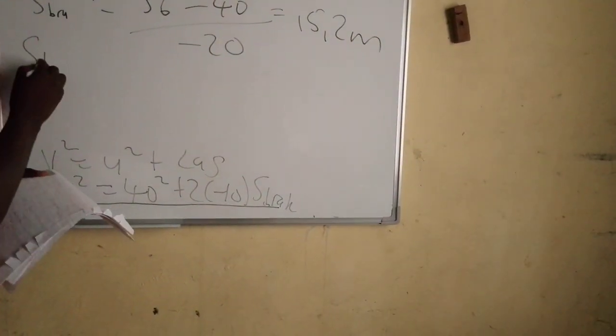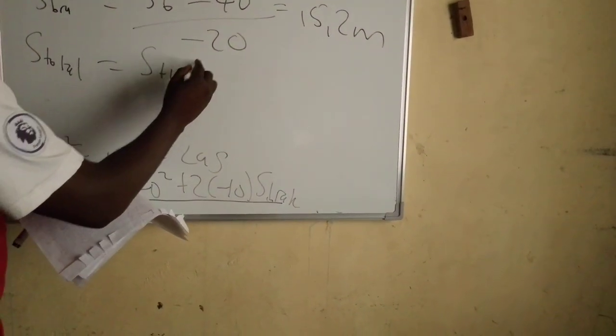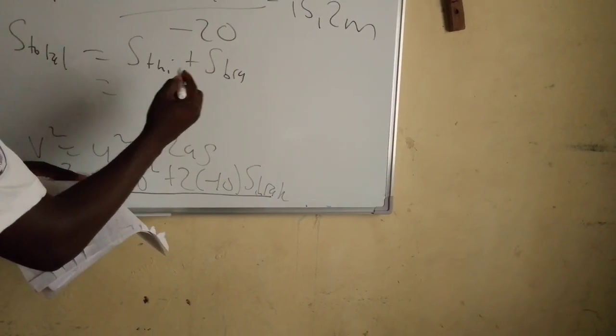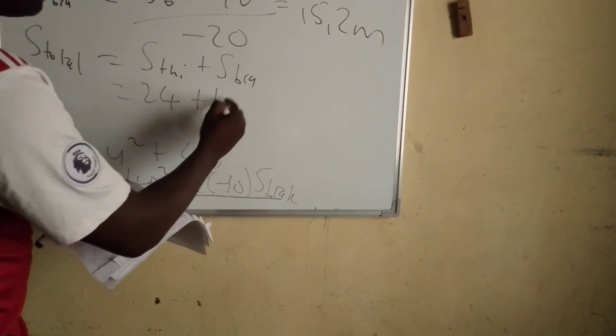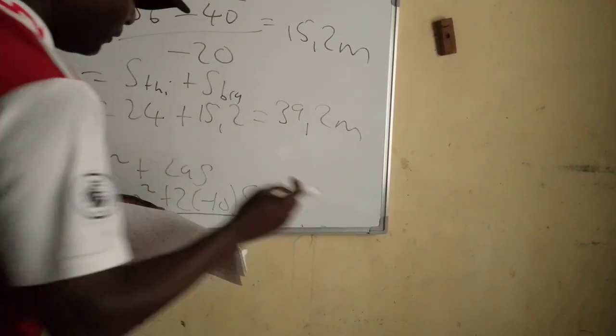So total distance will be thinking plus braking. Our thinking distance is 24, our braking is 15.2, this will give 39.2 meters.